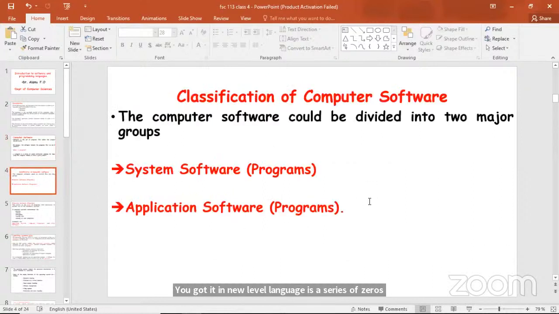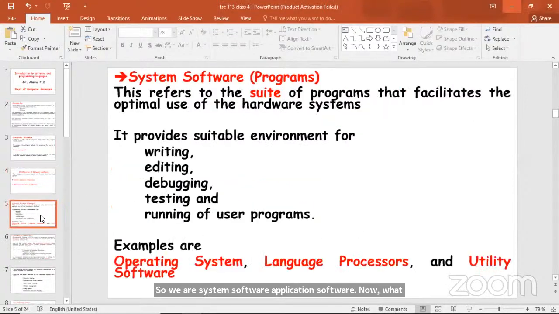Also, we said we can classify software into systems and application software. Please, sir, explain what this one is not. So we have system software and application software. Now, system software are things like operating system, language processor, utility software.